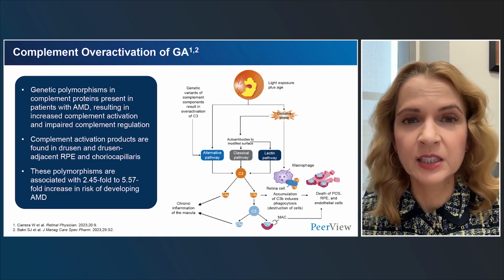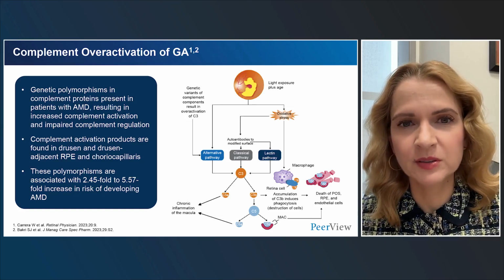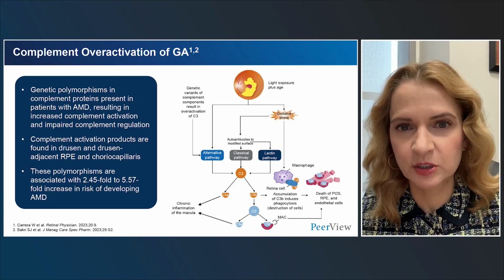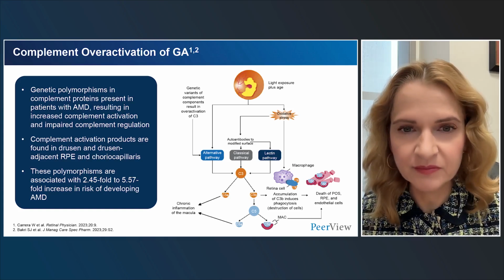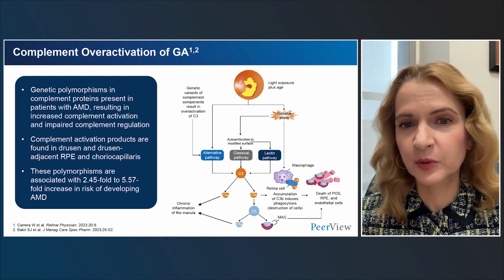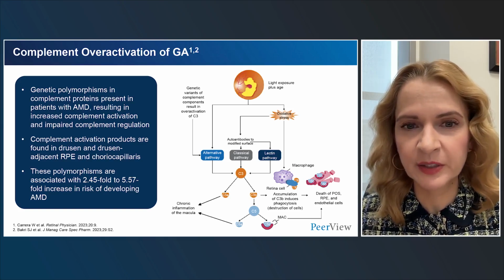Genetic variants of complement components result in overactivation of C3, which is part of the complement pathway. C3 gets broken down into C3a and C3b.